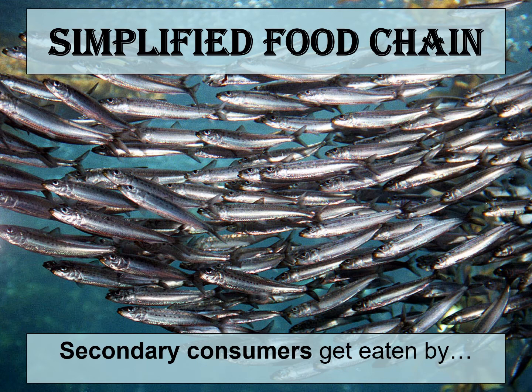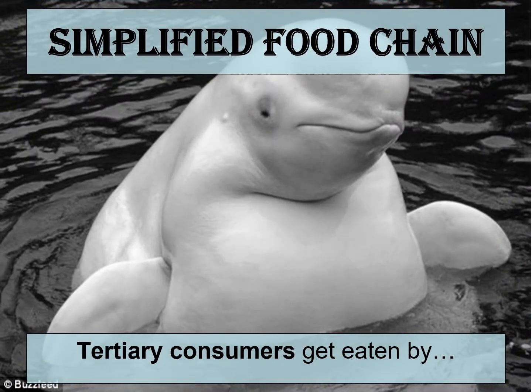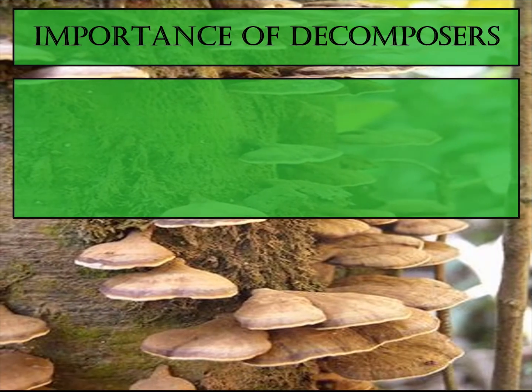And then secondary consumers get eaten by tertiary consumers. These are sometimes referred to as apex predators or top predators of the food chain because there's not a lot of things that will eat tertiary consumers. And we cannot forget about decomposers and the importance of decomposers.